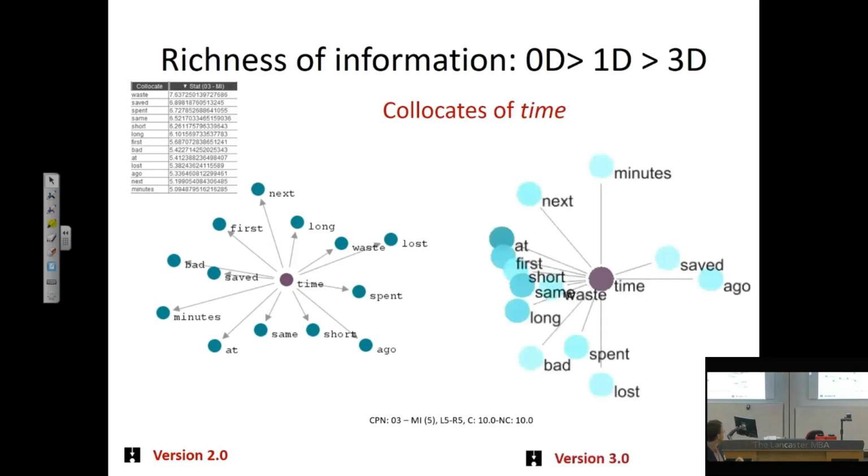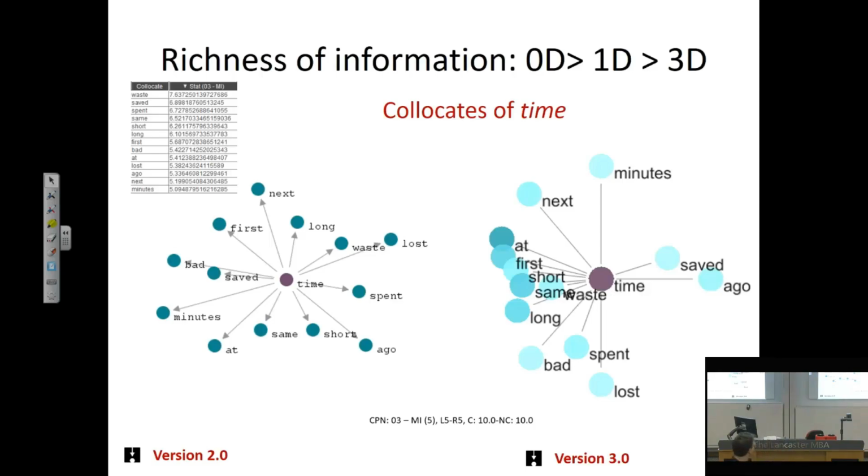What we tried to implement in version 3, and we are pursuing that with the upcoming version 3.5, where we even made this clearer, is to actually include a few more dimensions to the graph so that we use the space well. One of the dimensions is the frequency. So we have still the length of the edges, the lanes in the graph, representing the statistical measure.